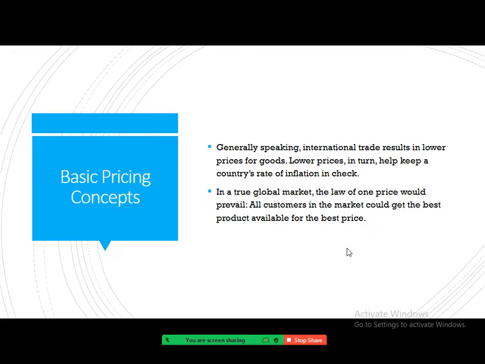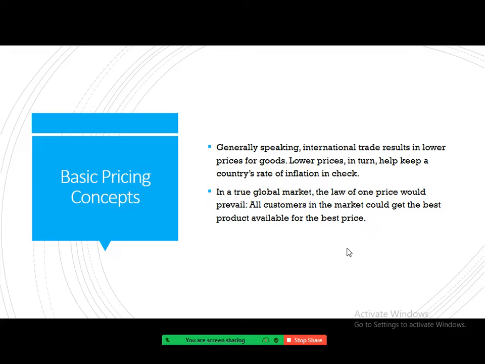Because of these differences in national markets, the global marketer must develop a pricing system and pricing policies that take into account price floors, price ceilings, and optimum prices. A firm's pricing system and policies must be consistent with other uniquely global opportunities and constraints.